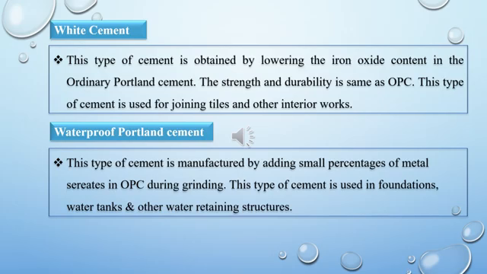White cement is formed by decreasing the iron oxide content in the OPC, and waterproof Portland cement is formed by adding a small percentage of metal stearates into the OPC during grinding.